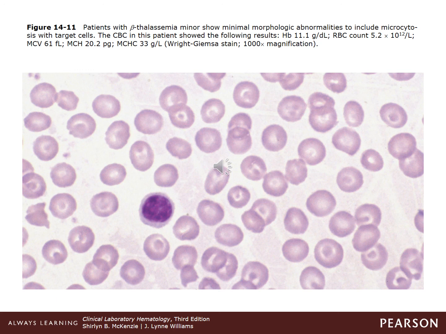Okay, these are minimal morphological abnormalities. Now, variable in the peripheral smear, you could see target cells, basophilic stippling, sometimes a little bit of an increase in your reticulocytes, so polychromasia. And here in the hemoglobin electrophoresis, you might see a slight increase in hemoglobin A2 and F.